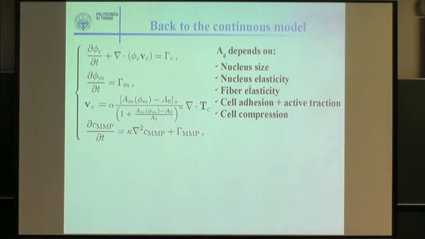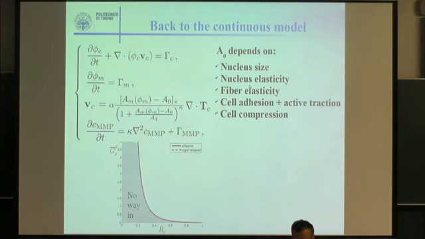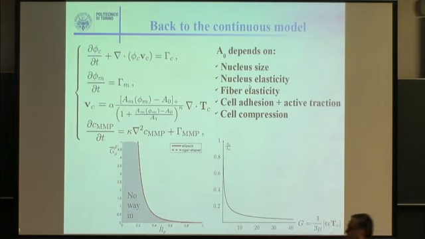It is a function of a lot of things, and we can infer that from this curve here. This says that A0, the radius of the pore, is related to some balance between the forces here at the bottom and the nucleus elasticity.